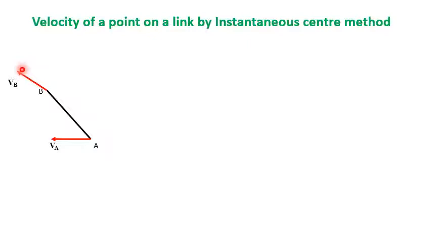Let us assume this link AB is rotating with an angular velocity omega. Now draw perpendiculars to the directions of VA and VB.